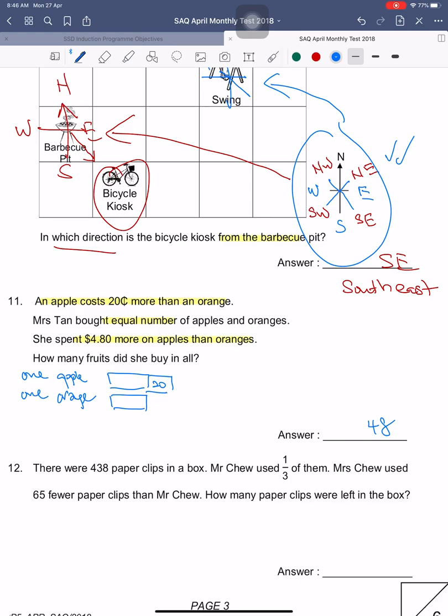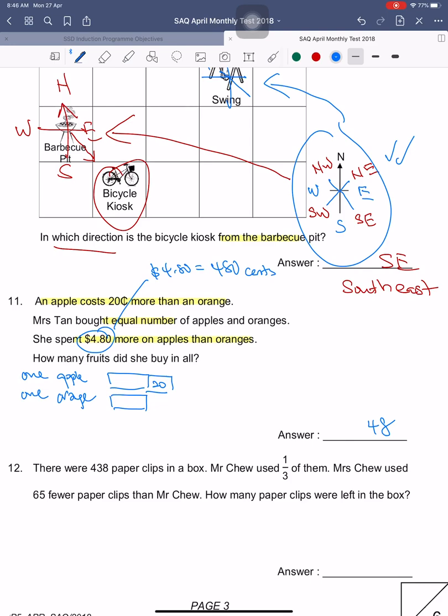By the way, I am more comfortable converting everything to cents because of the decimal point. I'm not too sure how you think, but I find it easier. So I'm going to convert my $4.80 into 480 cents as well. If you're comparing one apple and one orange, the apple costs 20 cents more than the orange.